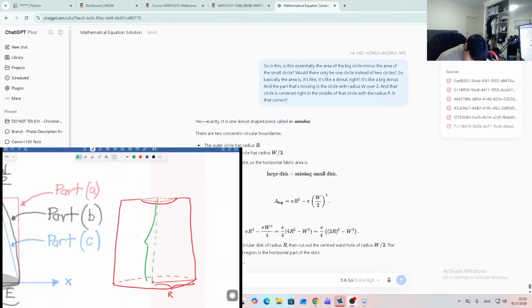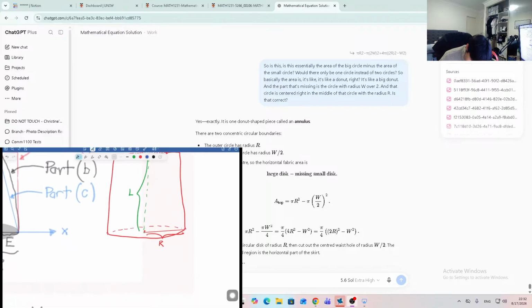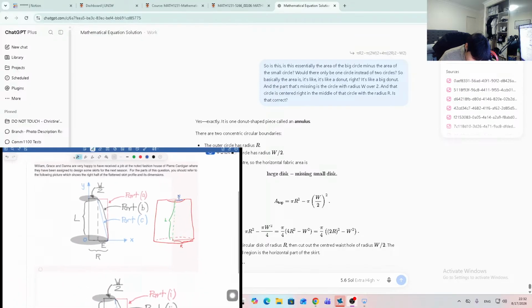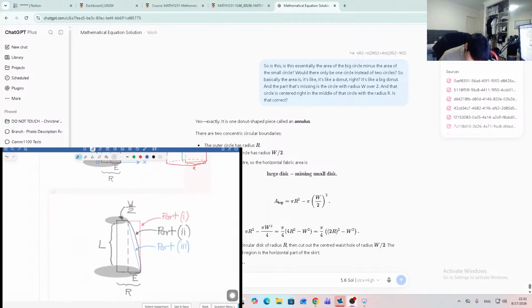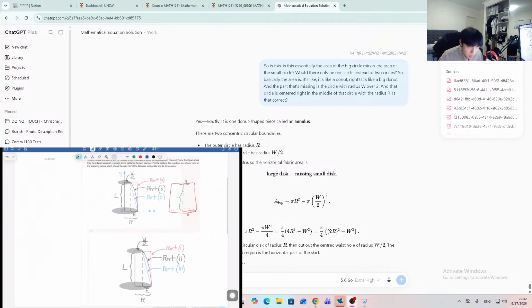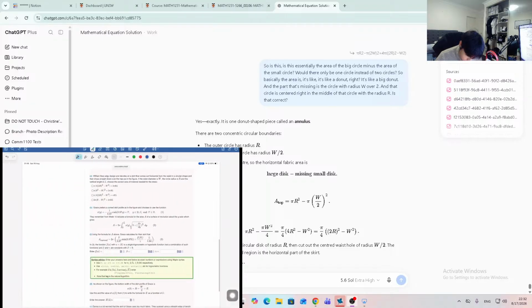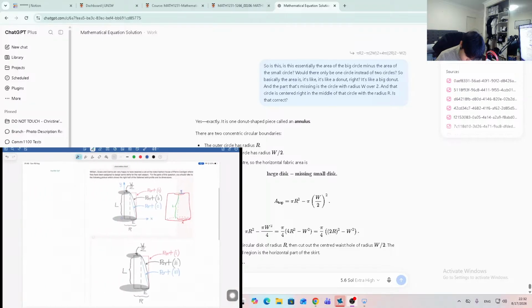This is L. This is radius W on 2. So the diameter is W, and this is R, okay? Oh, it's 2 questions.